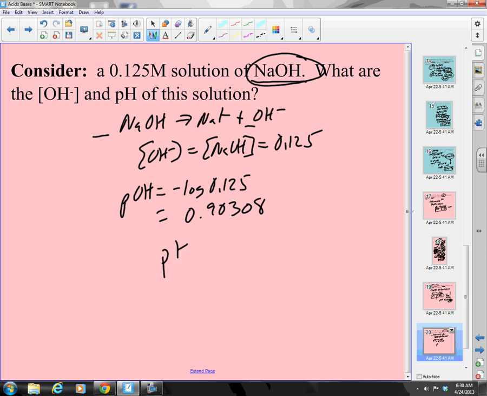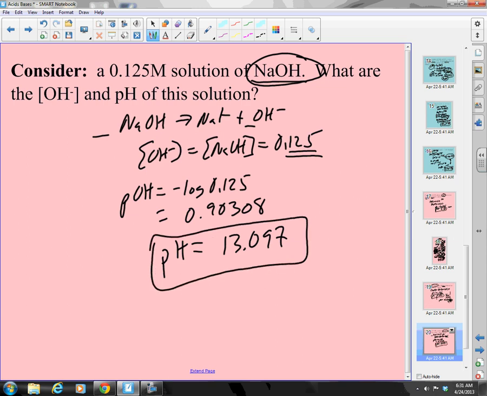So pH is 14 minus that. How many sig figs? I have 3 sig figs, so I need 3 decimals: 13.097. That's a big pH, so that is basic.